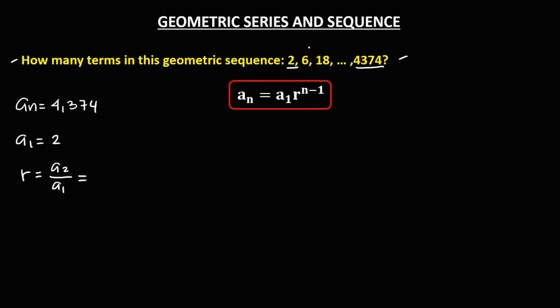So from this given, a sub 2 is 6 over a sub 1, that's 2. So the common ratio is positive 3. Then n, that's the number of terms. Since we're looking for the number of terms, n is the unknown.